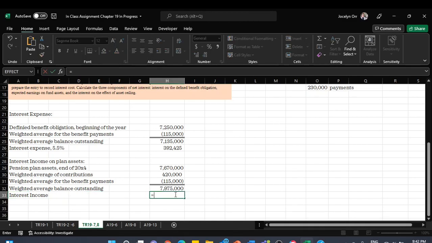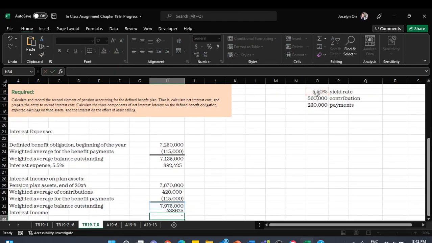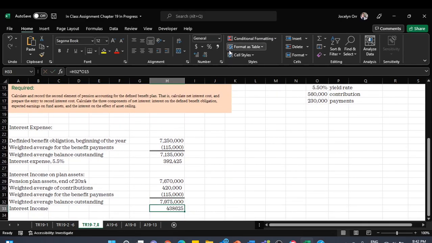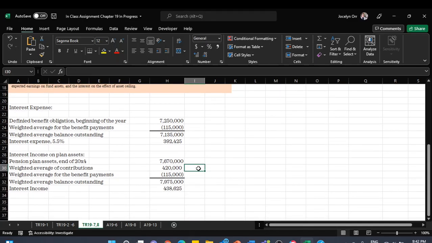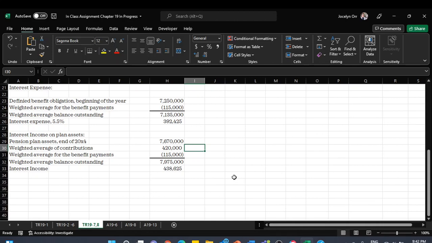So our interest income, multiplying this by 5.5%, gives us an amount of $438,625.